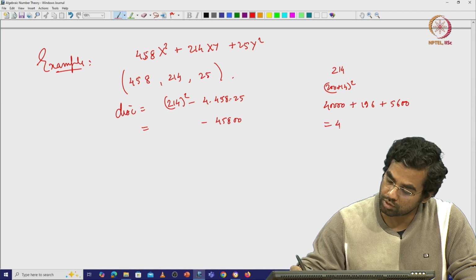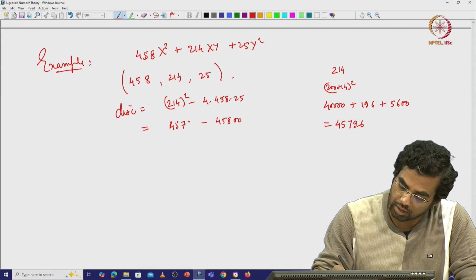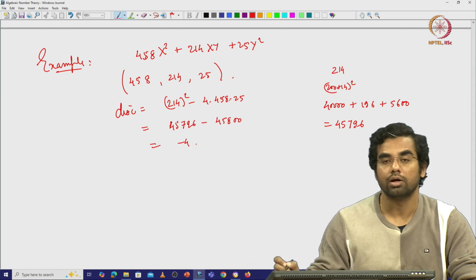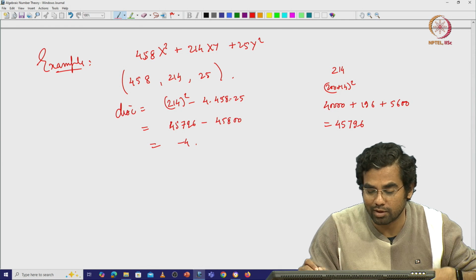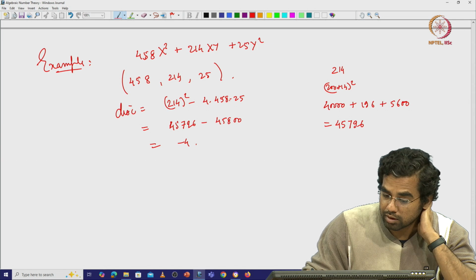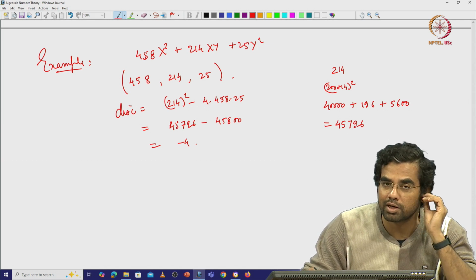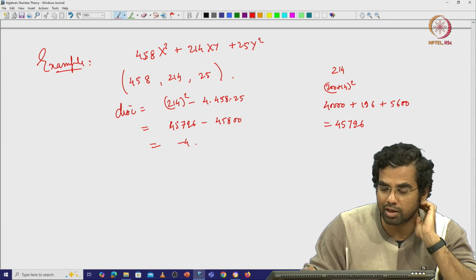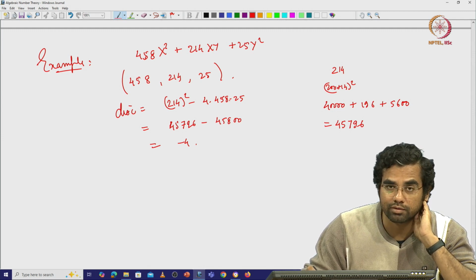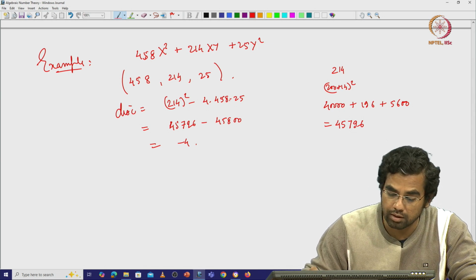So this is 45796. This is minus 4. Okay, so that's very nice that you have all these big numbers, but the discriminant is simply minus 4, and this is chosen for a particular reason. There is exactly one reduced binary quadratic form of discriminant minus 4. So, just by knowing that it is minus 4, I know which one we are going to get, but let us do this calculation anyway.